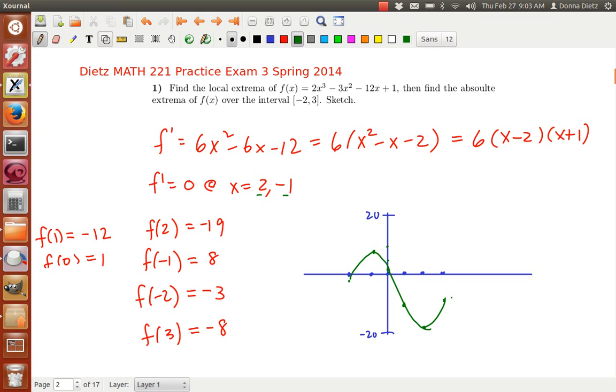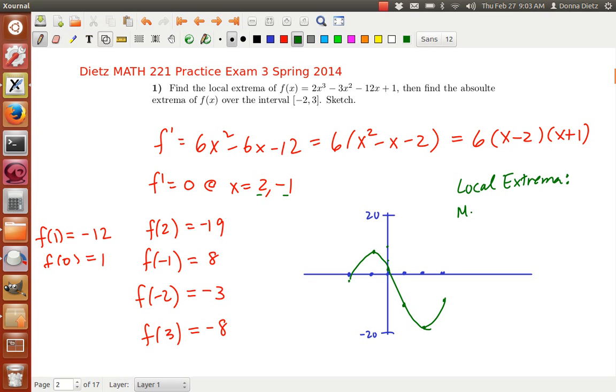All right, so we sketched it, and it says, did we do everything it said? Find the local extremes. You can say local extrema, and they're actually the global extrema.